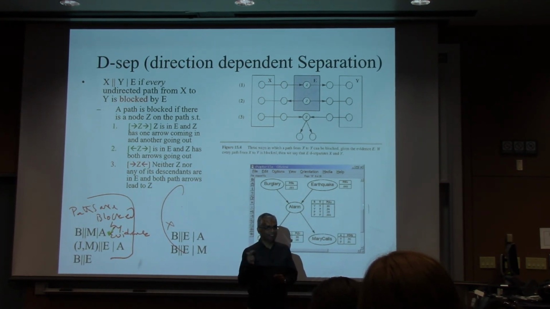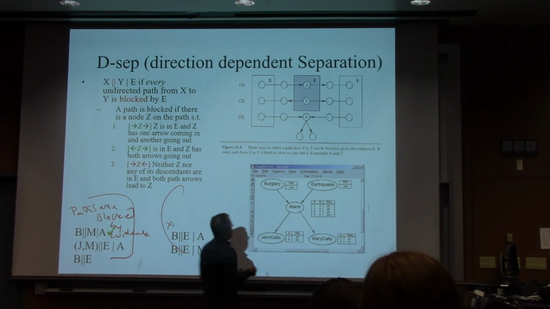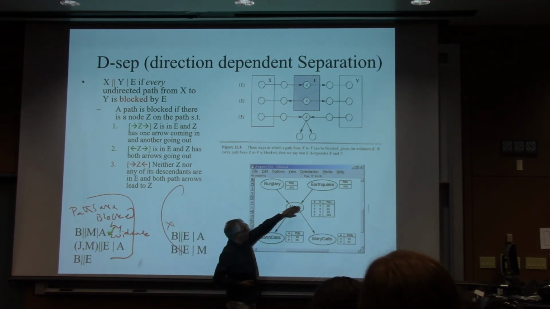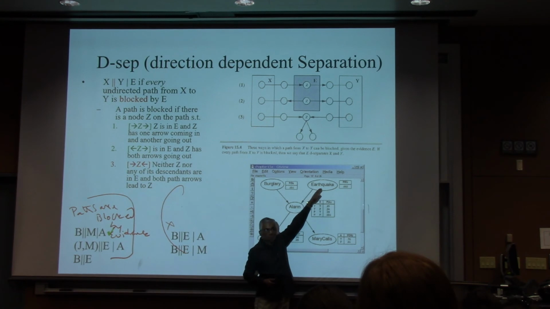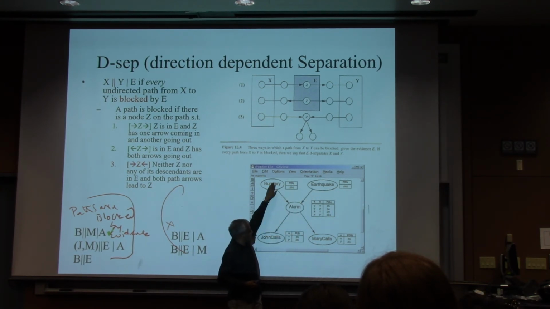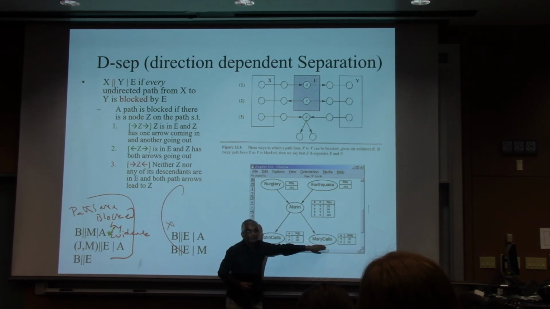You see the crazy nonsense that's going on here. Okay? Somehow we don't like alarm being present. If alarm is present, then burglary will become dependent on earthquake. But if alarm is present, burglary becomes independent of Mary calls.